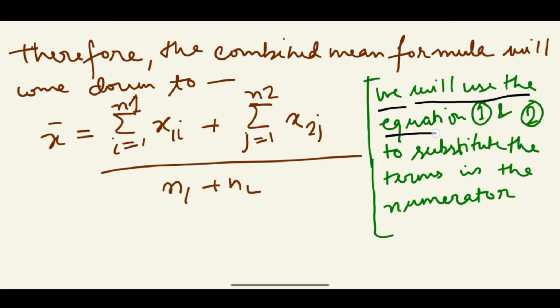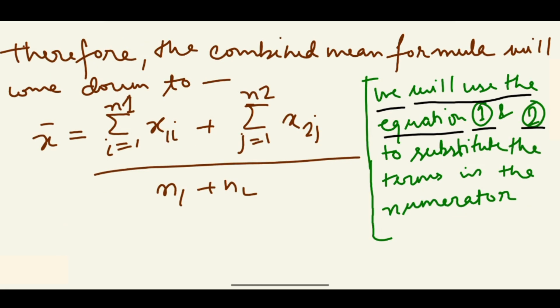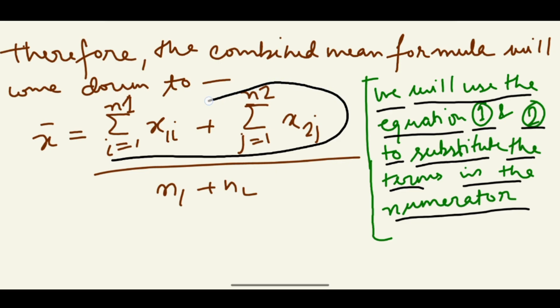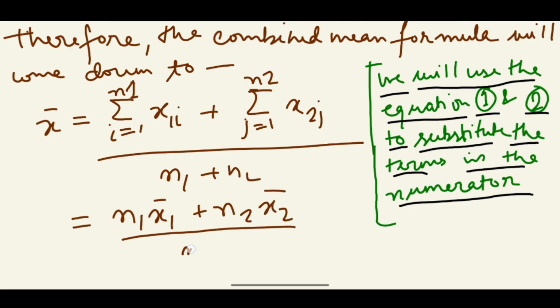Here we will use equation 1 and equation 2, which we have already derived over here and here, just to substitute the terms in the numerator, which is this. Now, by substituting the values, we get n1 x1 bar plus n2 x2 bar divided by n1 plus n2. And over here, we will write x bar.